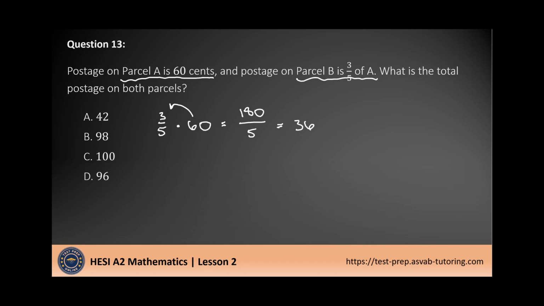So it's 2 times 18. There's a couple ways you could do that, whatever works for you. So 2 times 18 is going to be 36. So that's the cost of parcel B. The cost of parcel A was 60 cents. They're asking about the cost of both parcels, so that's going to be 60 plus 36, which equals 96 cents.